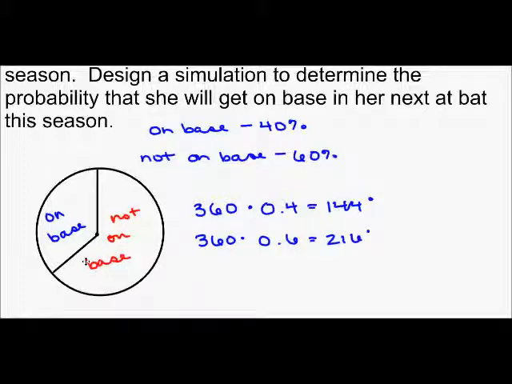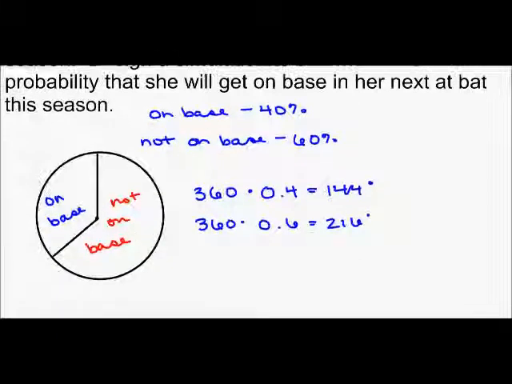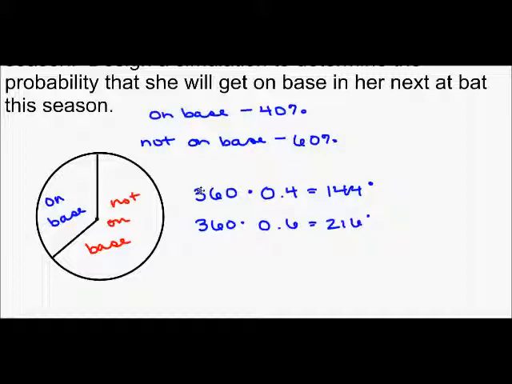Okay, so I want to know the probability that she's going to get on base her next at bat. So what I would do here is say, I'm going to spin this, I don't know, 10 times. And each time that I spin, that represents one time that she is at bat.